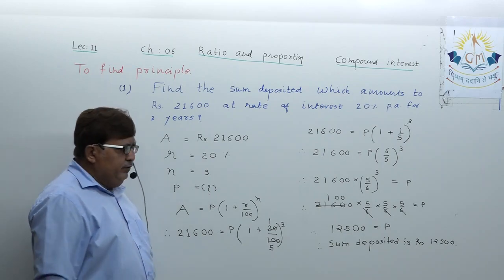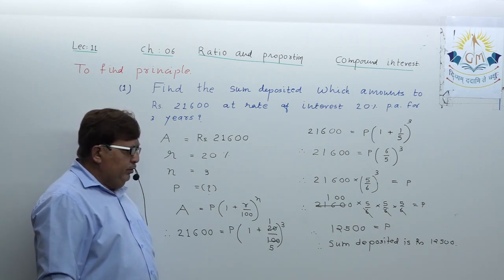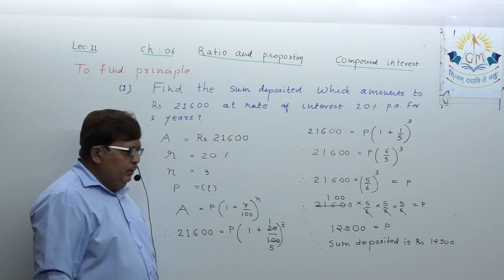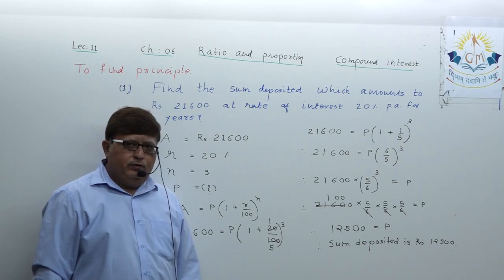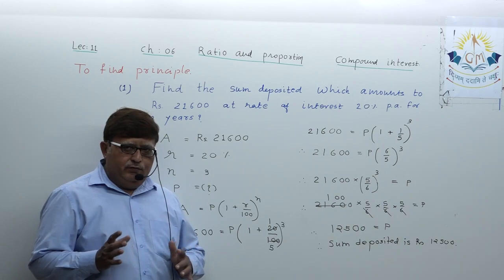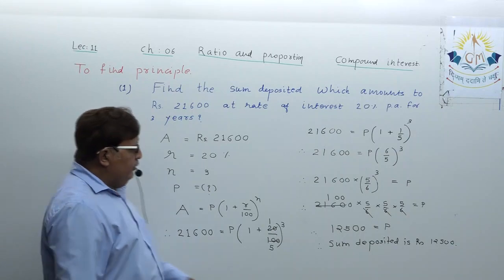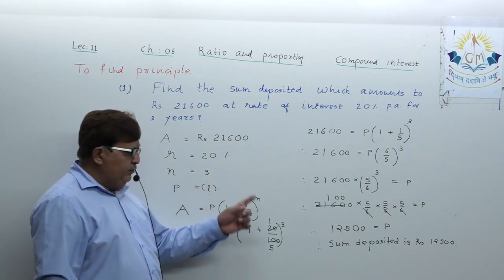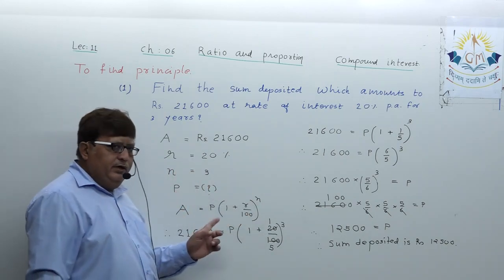Please look at the sum and look at the method, because the next example which we are going to target is totally different from this. No doubt, in that example also we are going to look for principal only, but the data is little variant from the given example. So just do one thing, note down the example, understand, and just try to understand one thing very well.